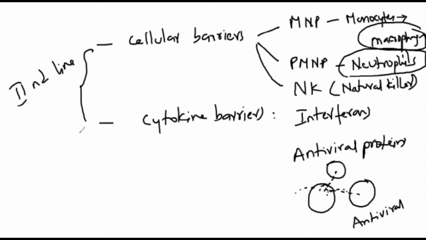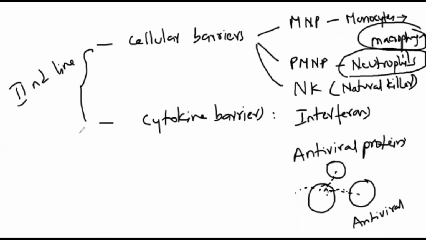So skin and mucous membrane together are considered physical barriers; enzymes, HCl, etc. are physiological barriers. Both physical and physiological come under the first line. Cellular and cytokine barriers come under the second line.